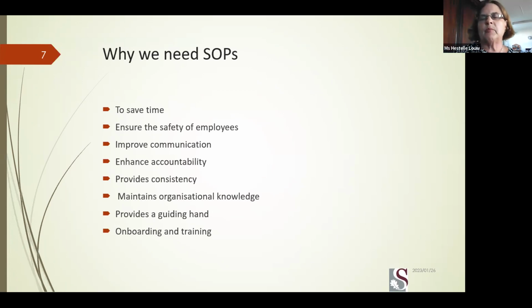The safety of the employees is ensured because they know what's expected from them. They know what is expected from the nursing council side, and that's been built into the SOP. And by following the steps of the SOP, they cover themselves and they are safe when anything happens.